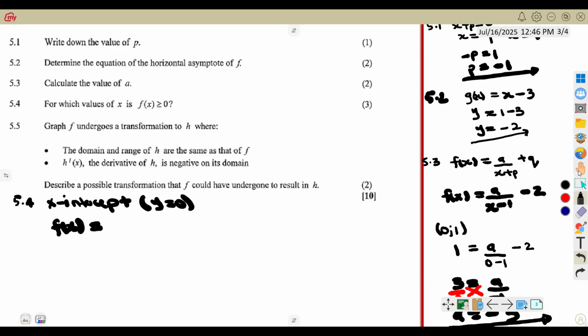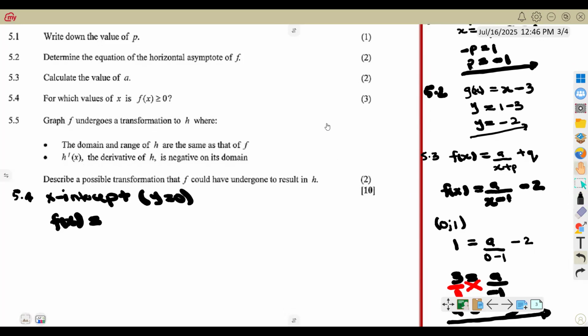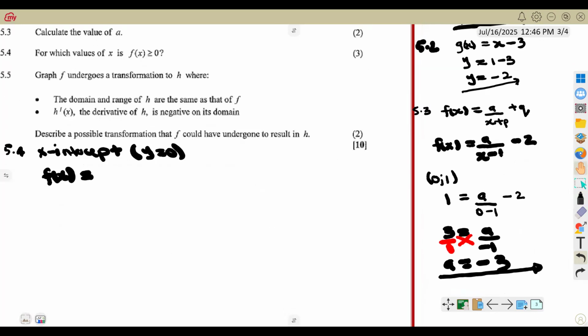Here it is. We found our A to be -3, so we are going to substitute the -3. Here it's going to be equal to -3 divided by x plus p, which is -1.